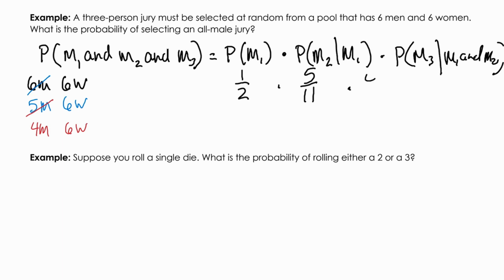So if I pick a man the third time, then it's going to be a 4 out of 10 chance that I pick a man the third time. Now, when I multiply all that together, I get 0.091. So the probability of picking 3 men when you have 6 men and 6 women is 0.091. And we use conditional probability here because these events were dependent.